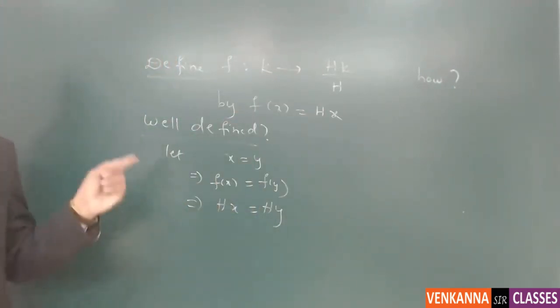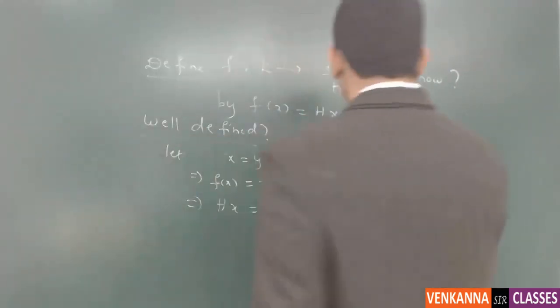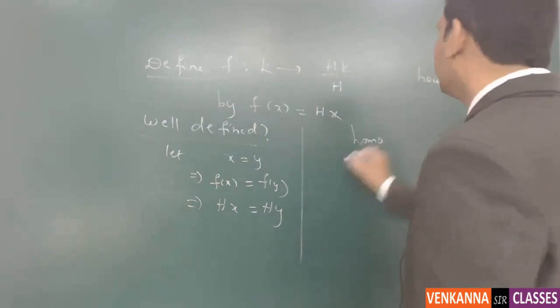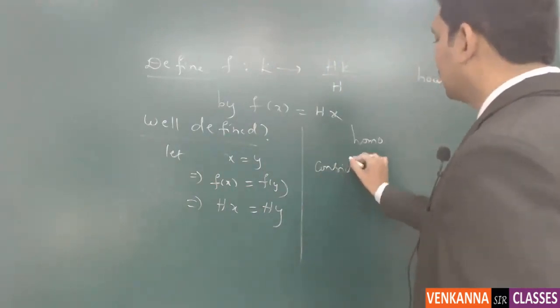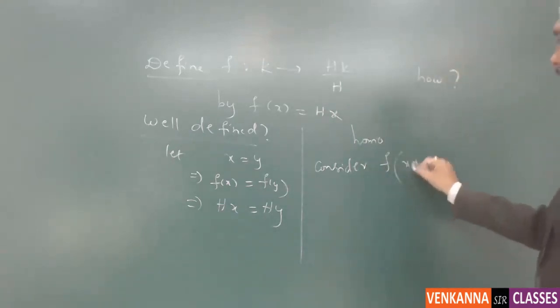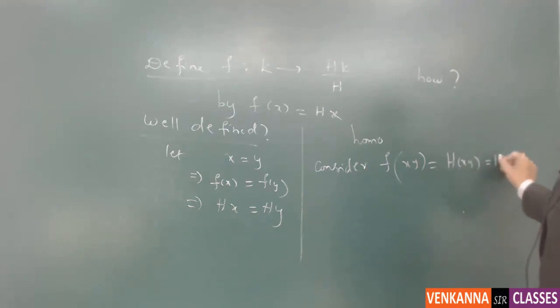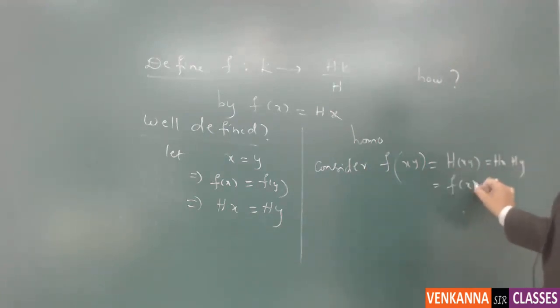Now the question is, is it a homomorphism or not? If you check for homomorphism, consider f of xy. This is hxy, nothing but hx dot hy, equal to f of x into f of y.